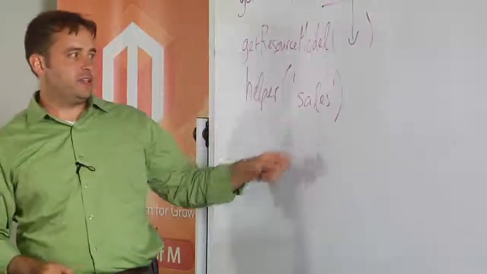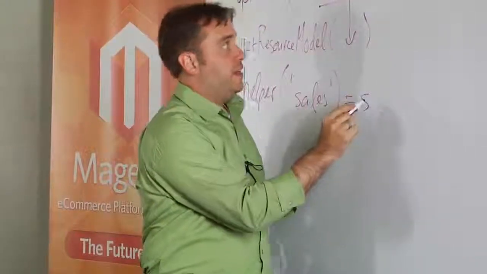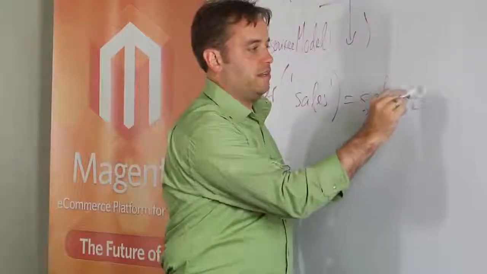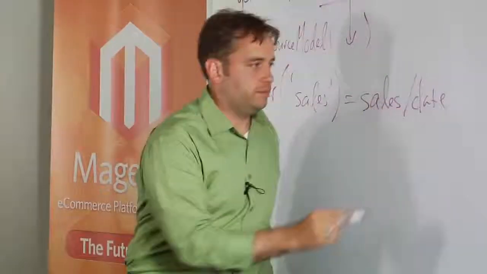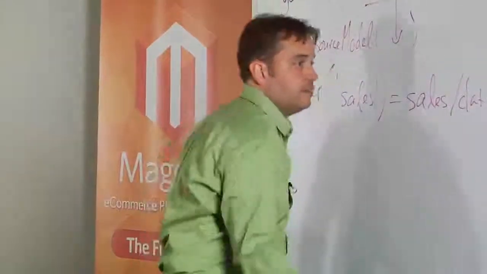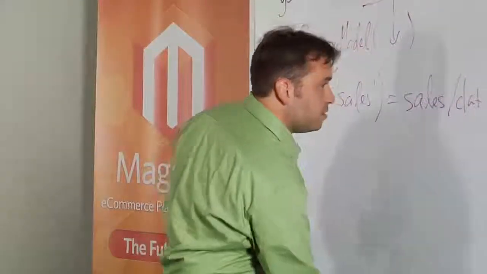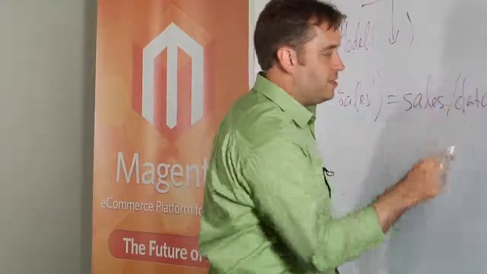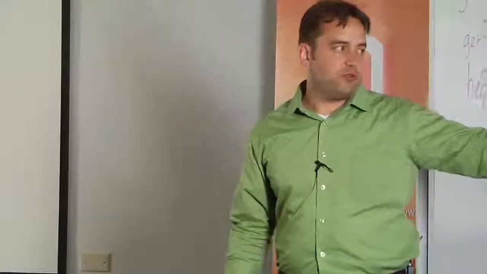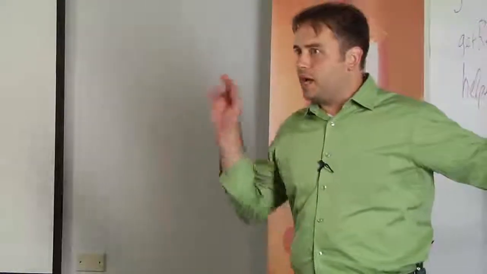And in class group notation, that actually maps to sales/data. That's just one of those other things about the system. If you only specify a class group, the system will actually look for a data helper.